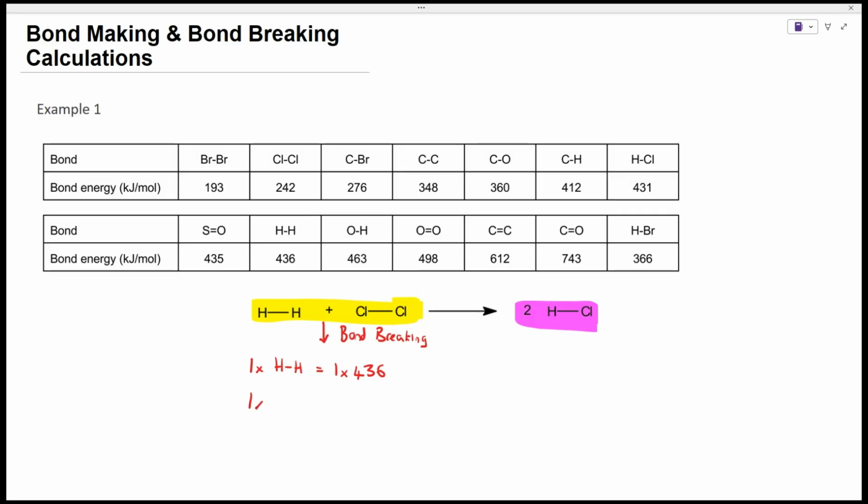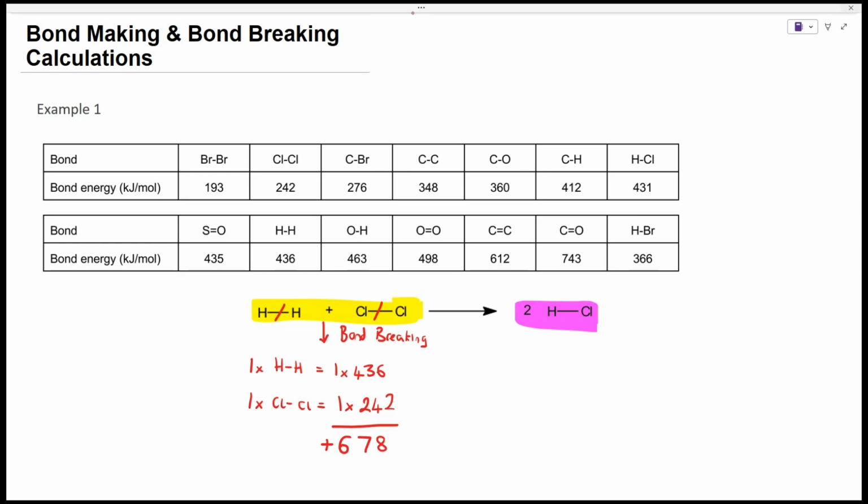And then I've got 1 chlorine to chlorine bond, which is 1 multiplied by the value of that, which is 242. So I've broken the hydrogen to hydrogen and I've broken the chlorine to chlorine. And that's it, there's nothing else to break. So when I total them together, it should give me 678 kilojoules per mole. Now, because I'm breaking bonds, that's going to have a positive number in front of it. And that's important for that next bit.